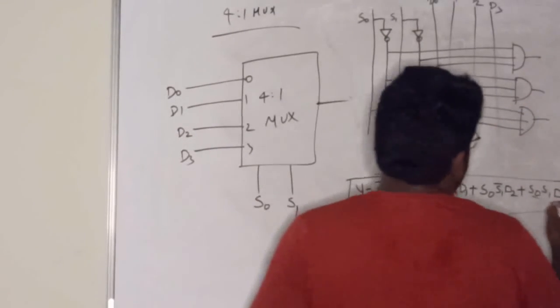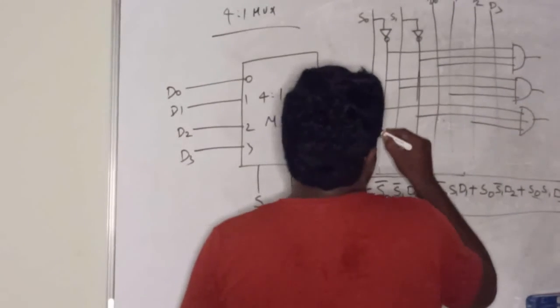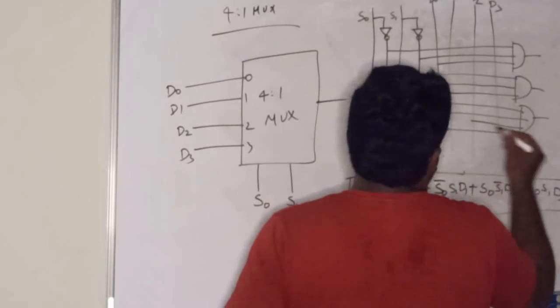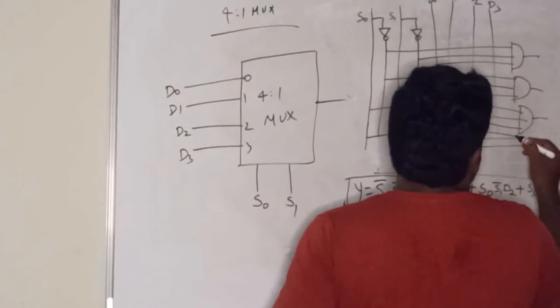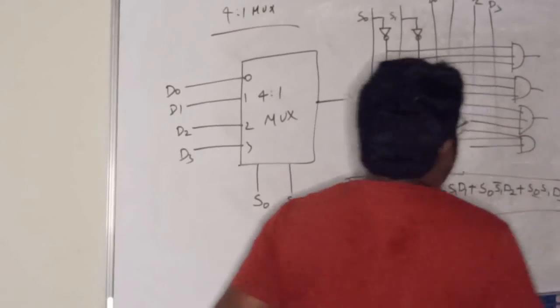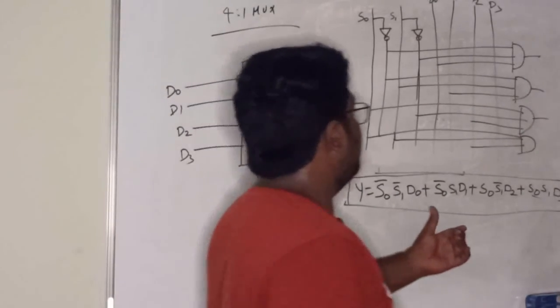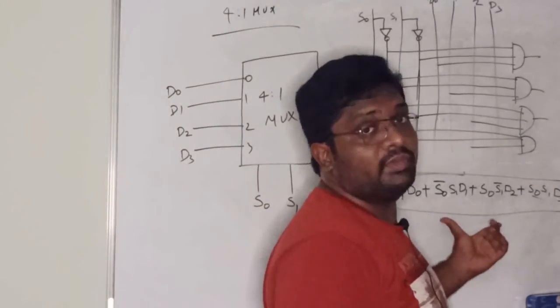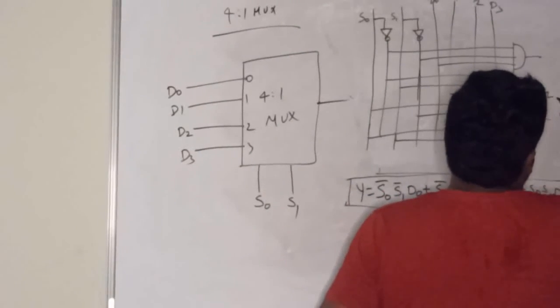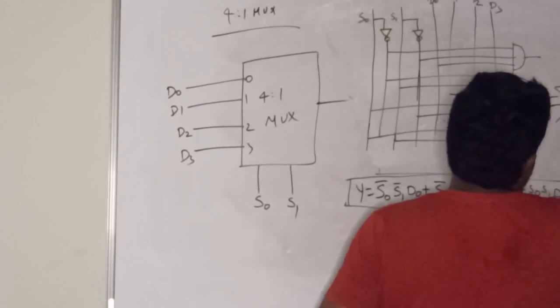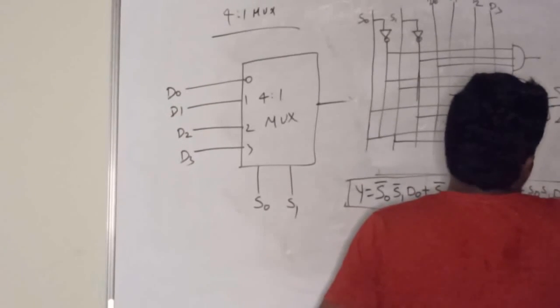And finally S0 S1 and D3. Now all these four product terms are combined with a sum term, that is, we combine them with an OR gate. So this is the output Y.